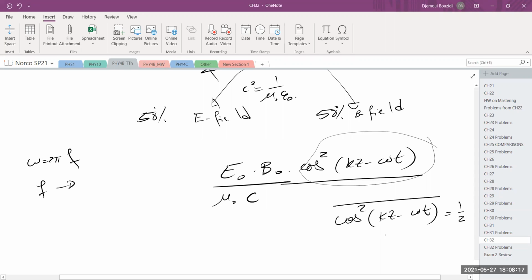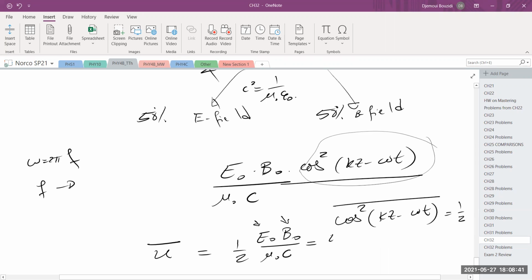is actually 1/2. So the average U is going to be just 1/2 of E naught B naught divided by mu naught, which is the amplitude of the wave. So this is the amplitude of the electric field, and this is the amplitude of the magnetic field.